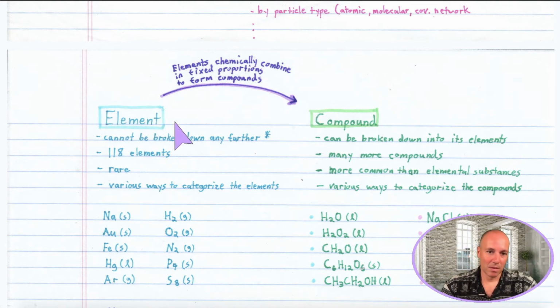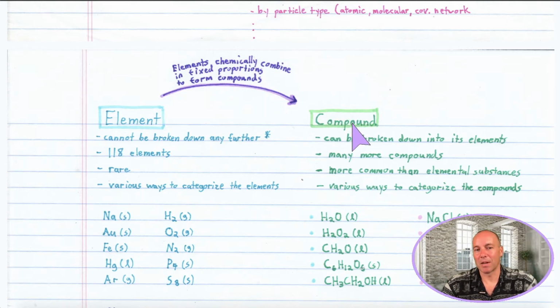Elemental substances are much fewer in number. There are only 118 that we know about, but there are many more compounds, possibly an infinite number of compounds. No one really knows. For that reason, elements are more rare than compounds. You're much more likely to come across a compound out there in nature.